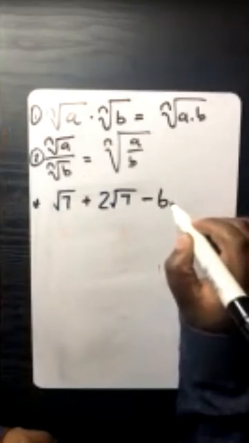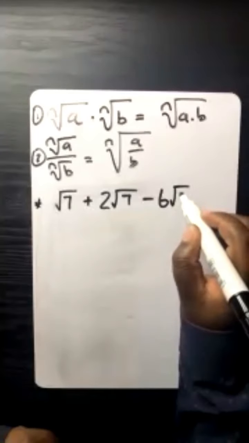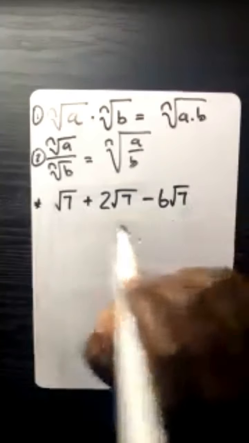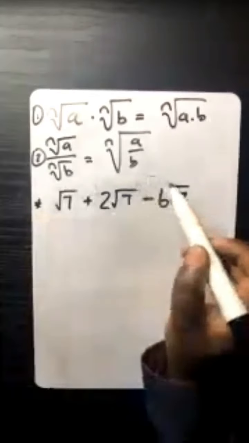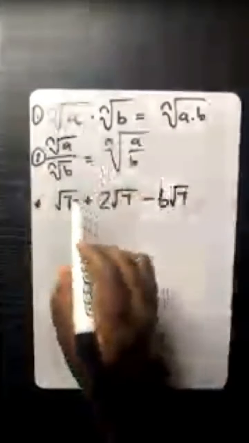So this is 6 square root of 7. So Shreyas, I'm going to flow with this one, but next time remember, you need to check whether it is that type of problem or this type.